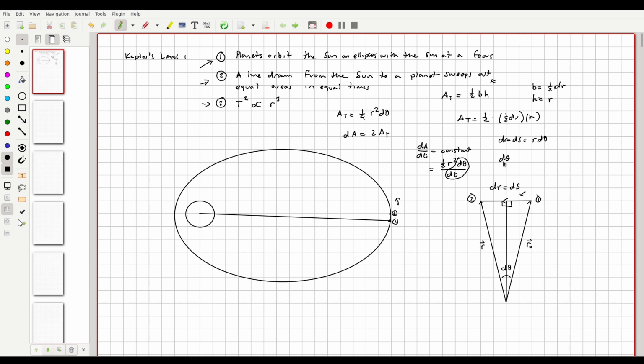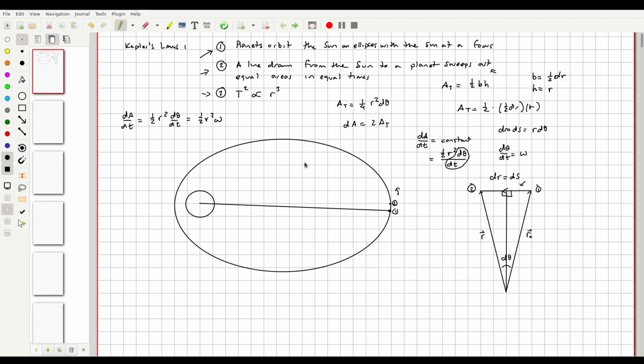D theta dt, we know, is omega. That's your angular velocity of this thing as it goes around. So the change in area over time is 1/2 r squared d theta dt, or 1/2 r squared omega.